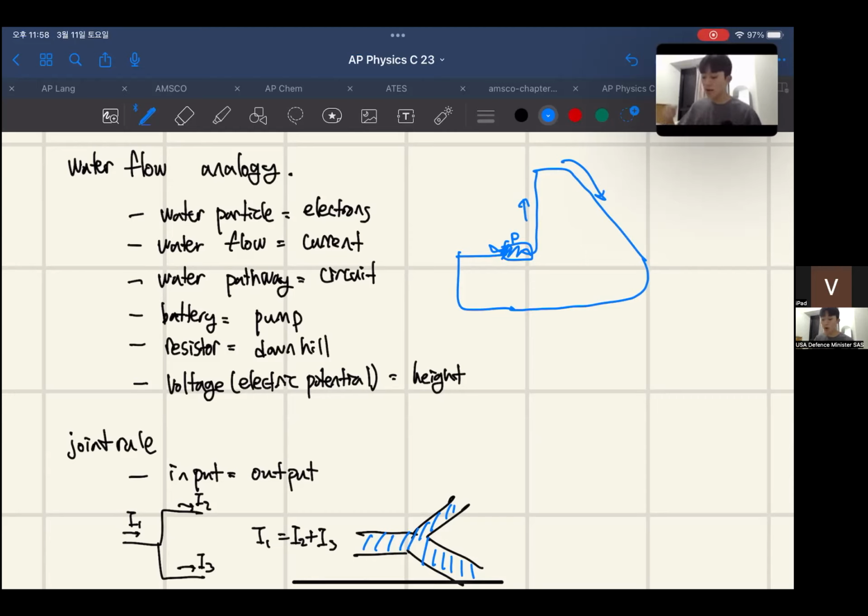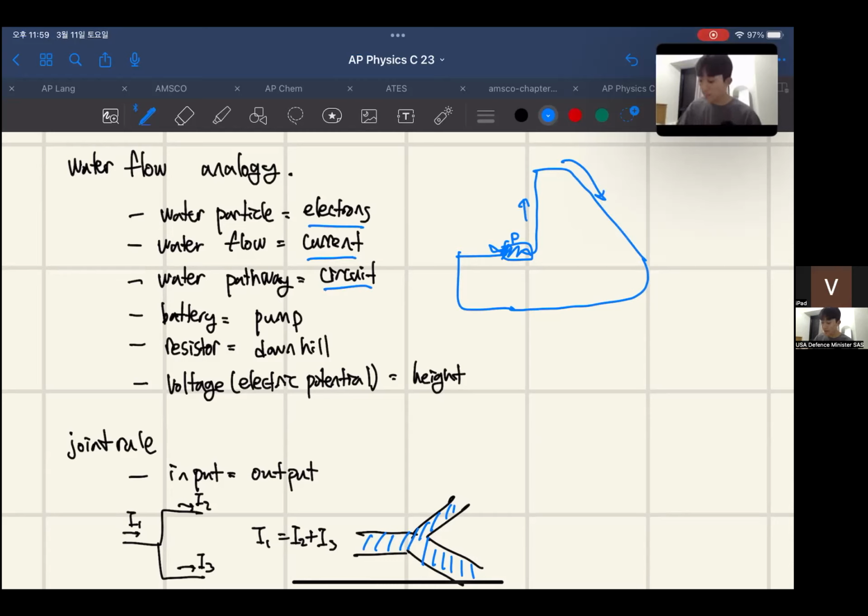So in this water pathway, each water particle would mean electrons in electric circuits. And water flow in this water pathway would mean currents in electric circuits. The water pathway itself, the route in this water pathway, would mean the circuit itself in an electric circuit.